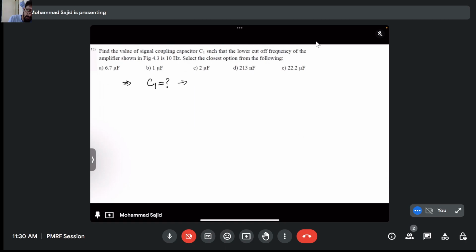Such that cutoff frequency, let's say FT is 10 Hertz. That means after this frequency, this will start acting as a short. Give it a try. I'll wait for 2-3 minutes.